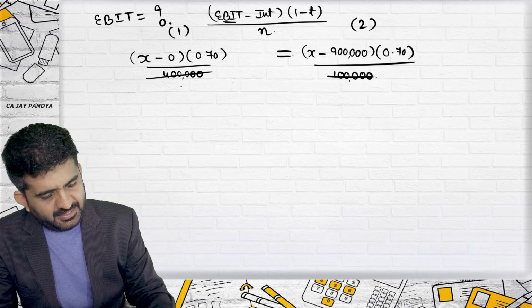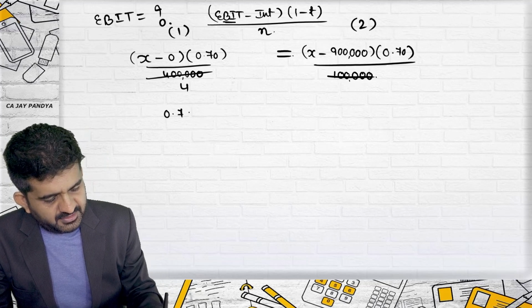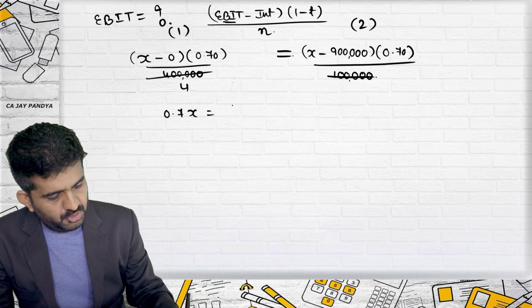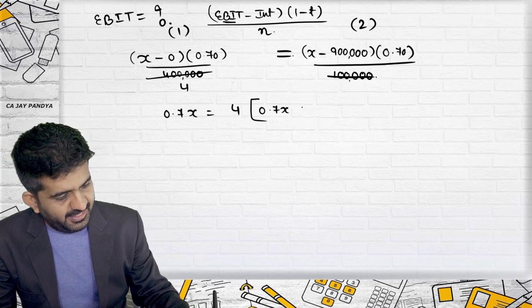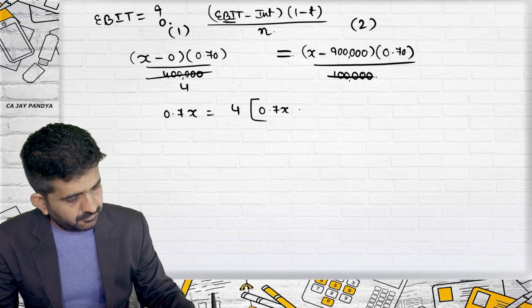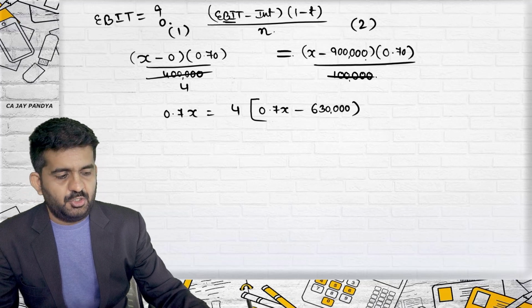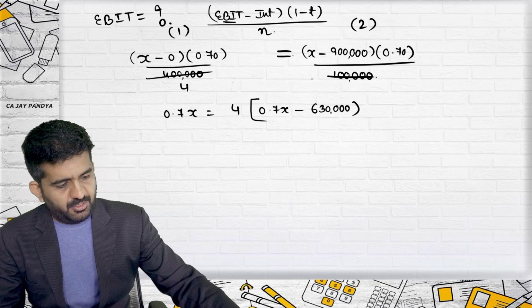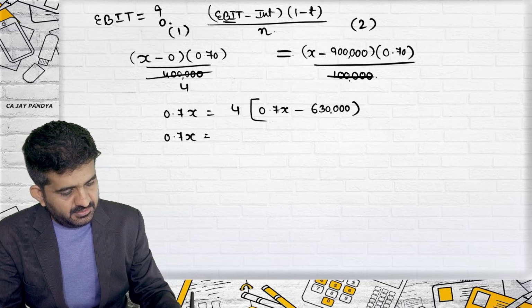This can be cancelled, this will be 4 multiplied by 0.7x minus 6 lakh 30,000. I have multiplied 0.7 with this 9 and this 4 I have taken on right hand side. This will be 0.7x.